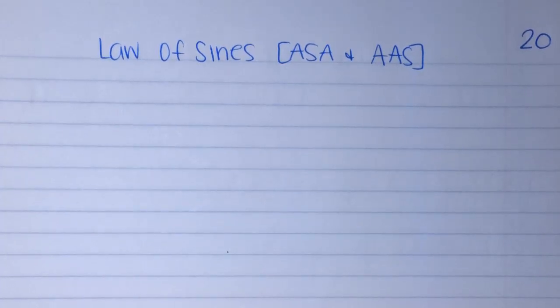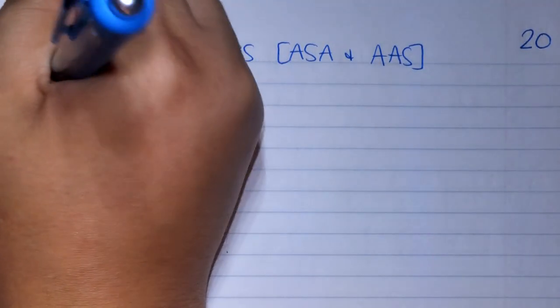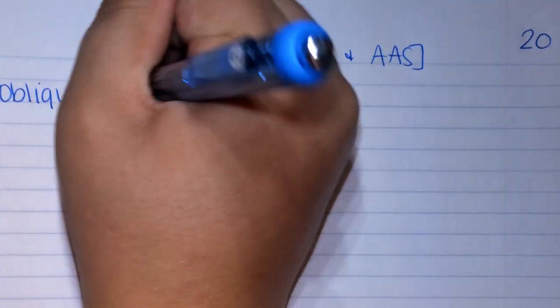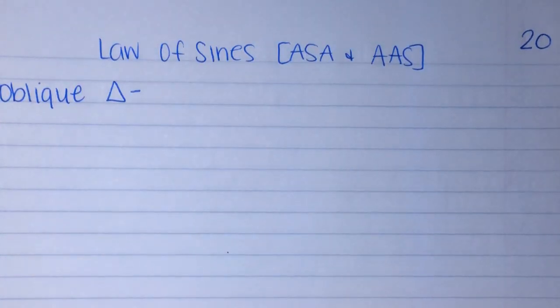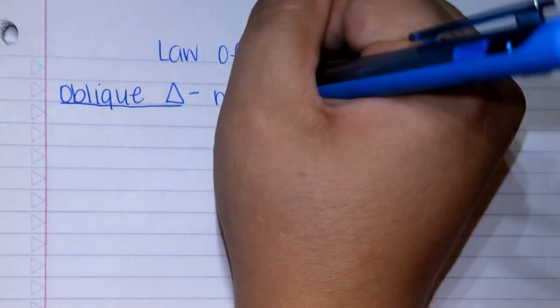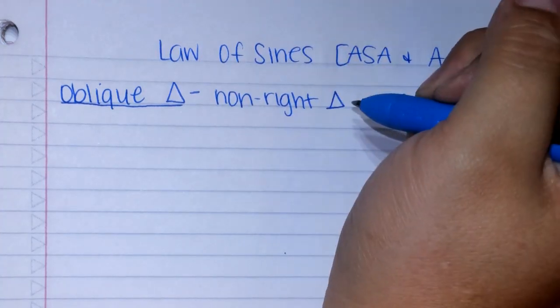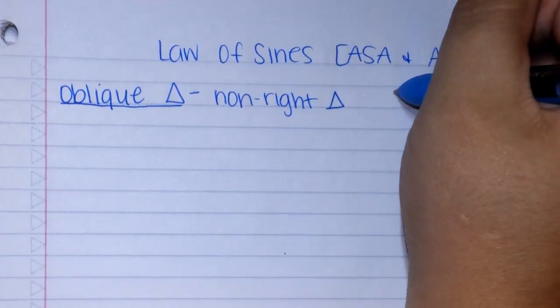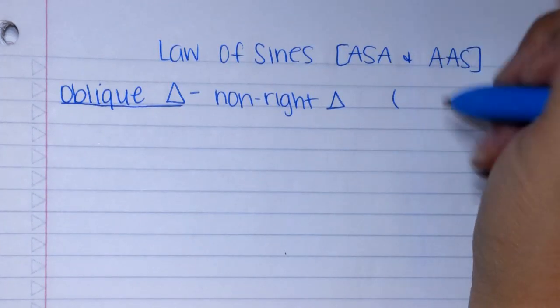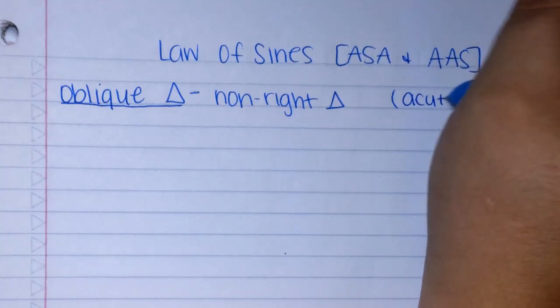Now, what if it's not a right triangle? How do you find the missing sides and missing angles? Well, it depends. First of all, I need you to know an oblique triangle is just a non-right triangle. And that means that it is what or what? Acute or obtuse.